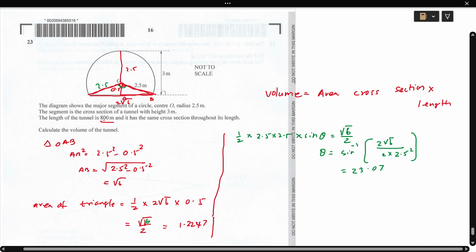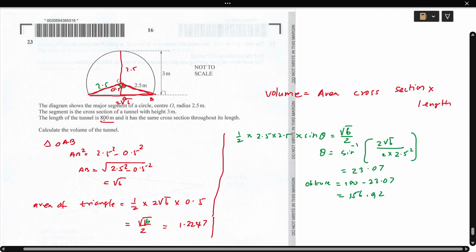When we calculate, we get 23.07, which is acute. As we know, this is an obtuse triangle, so we change to the obtuse angle, which equals 180 degrees minus 23.07, so it becomes 156.92.